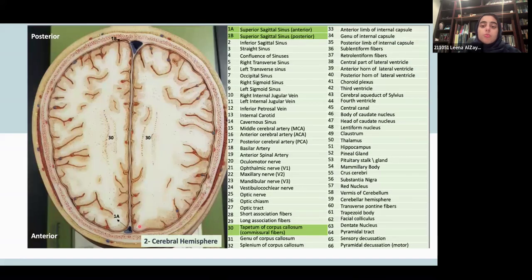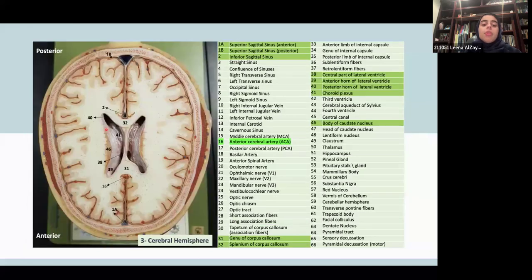And then over here, we focus more on, again, the superior sagittal sinus and inferior sagittal sinus, and this area is still the corpus callosum from the top. And then here we can see the lateral ventricles very clearly. And we still see the superior sagittal sinus and inferior sagittal sinus.